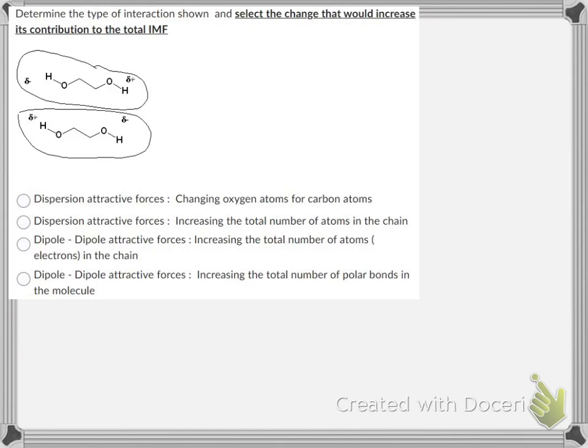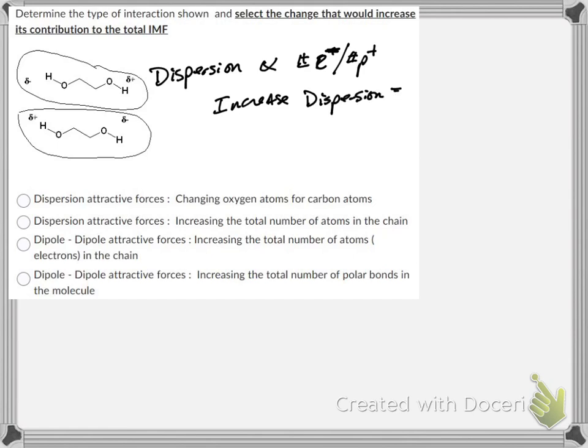This question is, what is the interaction and what would you change to increase its contribution? First we recognize this as dispersion. It's got a big circle over the entire molecule. Partial charges are placed independent of the atom identity. Dispersion increases with more atoms, more electrons and protons.